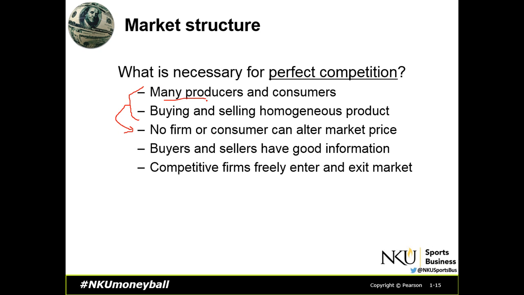And so their customers are going to go to another producer because the products are homogeneous in this marketplace, right? So an individual firm can't alter the market price, and a consumer, because there's lots of consumers, any individual consumer can't alter the market price either. Another assumption here is that buyers and sellers both have really good information.